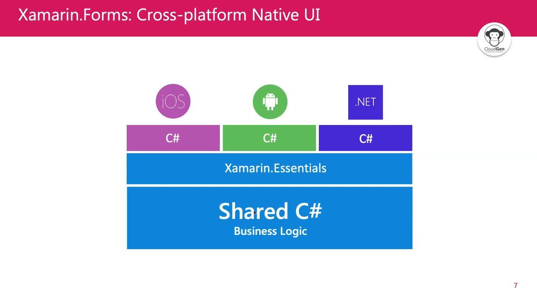So maybe around 80, 90, or even 100% of the code you write it in the shared C# project. And the effort to write code in specific platforms is minimum. The aim of Xamarin.Forms is productivity.